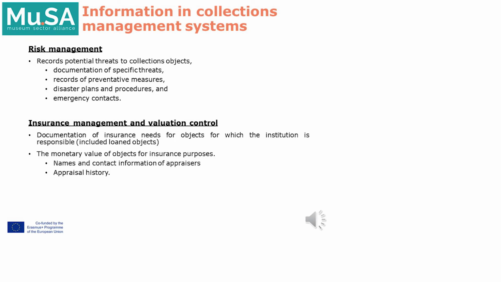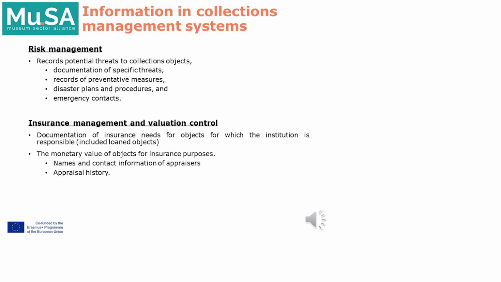Then it's risk management. It records potential threats to collection objects, such as documentation of specific threats, records of preventative measures, disaster plans and procedures, and emergency contacts. Also, there is insurance management and valuation control.